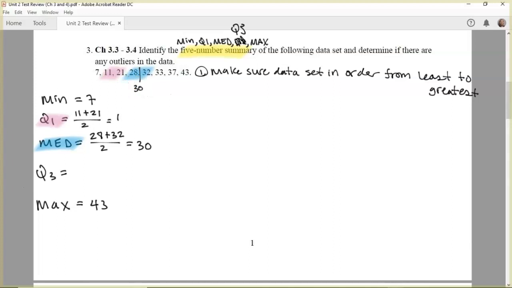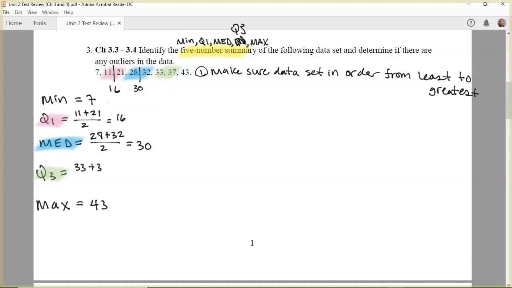So we add those together and find the middle, which is 16. That's the median of the lower half, so this is the 25% cutoff. Anything below that is in the bottom 25%, and every number above 16 is in the upper 75%. I guess we can say it that way.